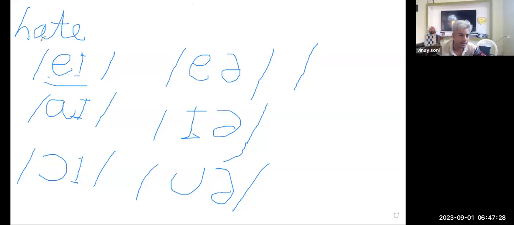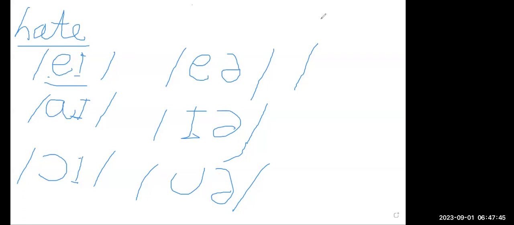It is not hate, it is hate. We start with the E sound, and we finish with the E sound, like this, hate. How do you read this word HATE?